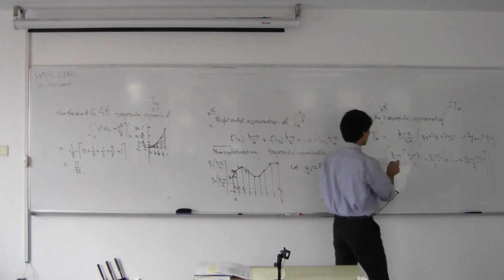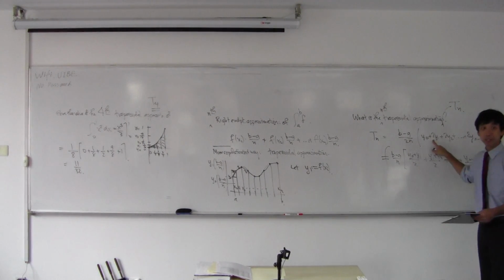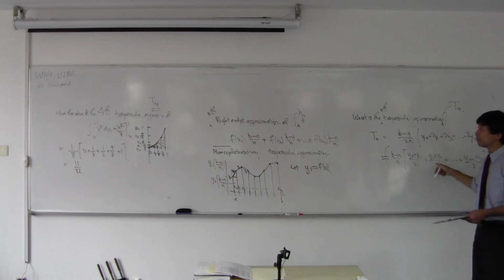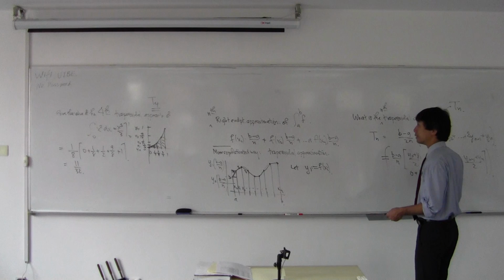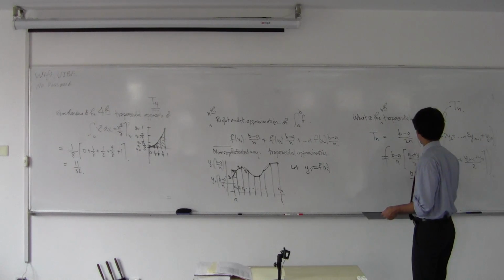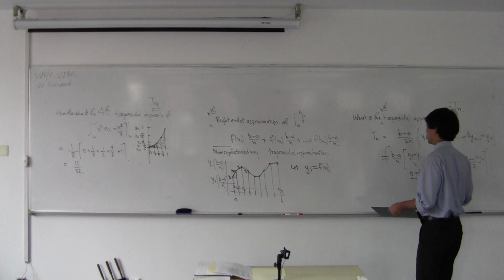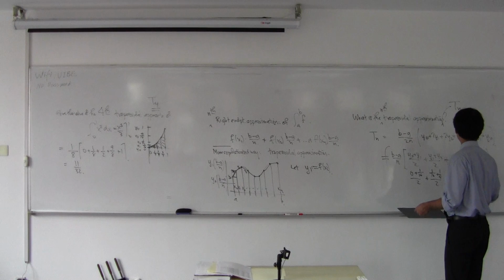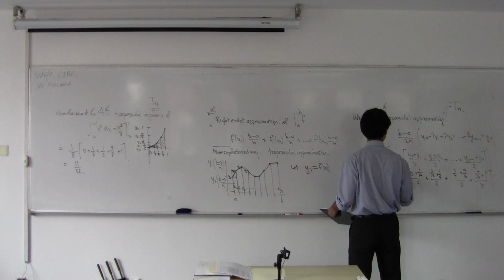Yeah, so these are the same things. This expression up here and this expression down here are the same thing. So you could do it this way, but it's probably easier to do it this way. You could say it's going to be 0 plus 1/16 over 2 plus 1/16 plus 1/4 over 2 plus 1/4 plus 9/16 over 2 plus 9/16 plus 1 over 2, everything times 1 over 4.